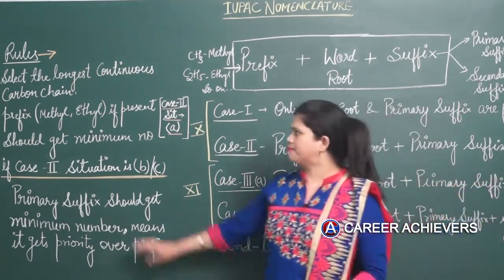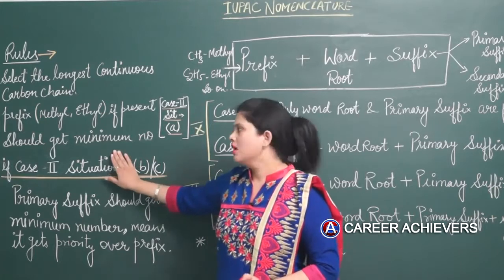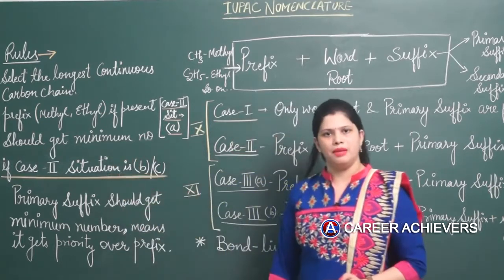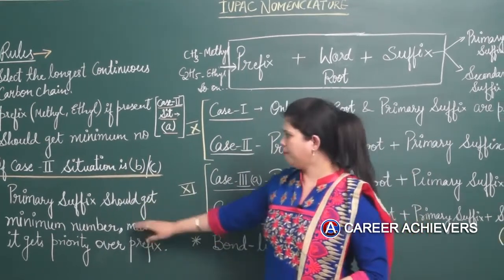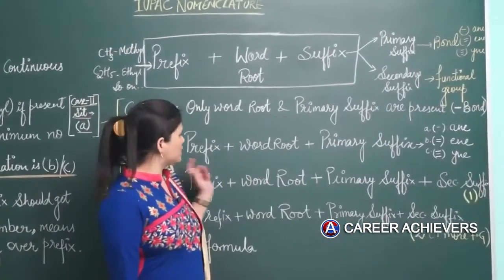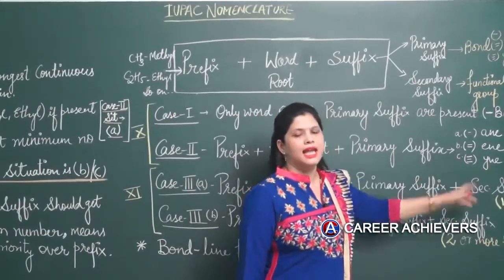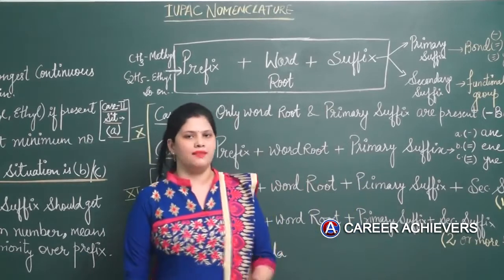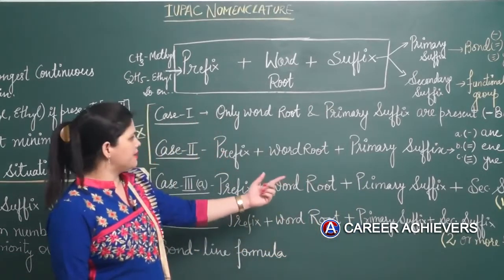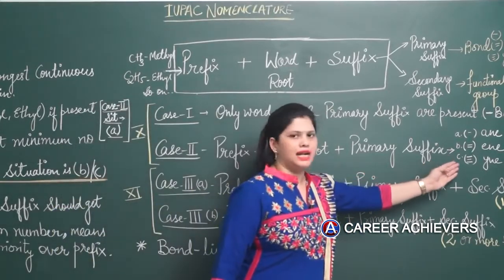Then in that case prefix has to be given the priority, it means the minimum number. And then if you have case number 2, situation B and C, it means your molecule has word root, then primary suffix in the form of double and triple bond.